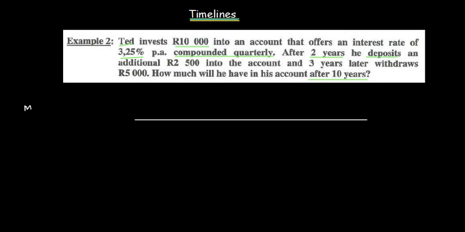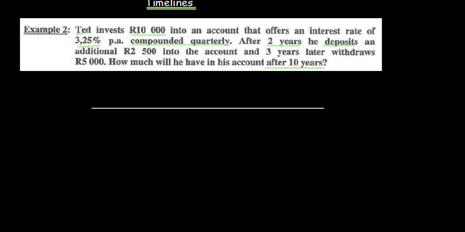Let me rewrite that table again that we should know in terms of compound interest. If they say compounded monthly, it means that your M will be 12, meaning you're going to divide the interest by 12.